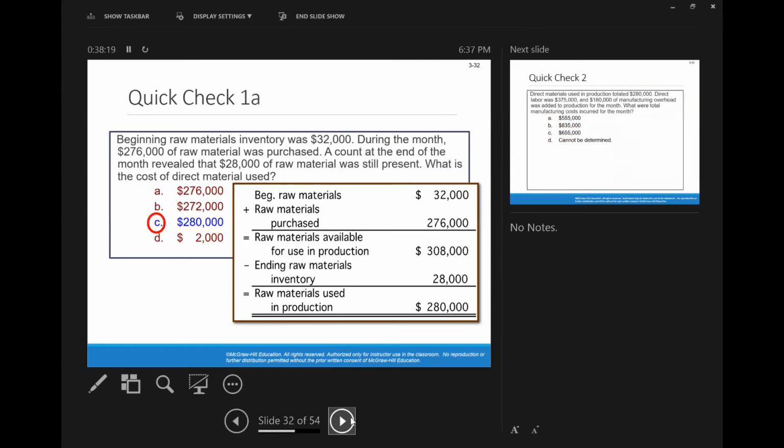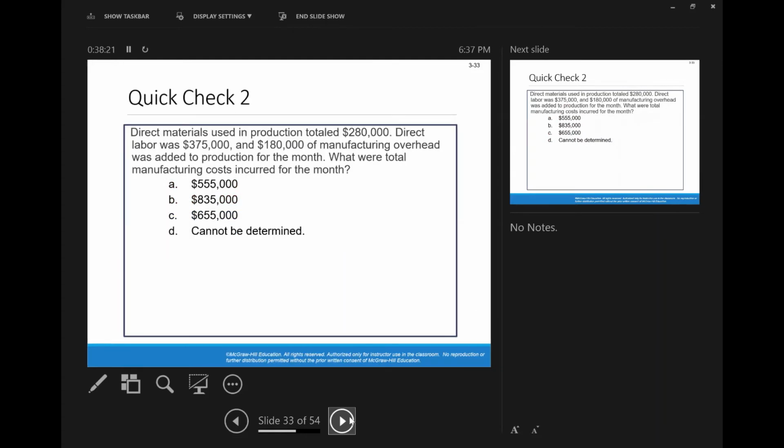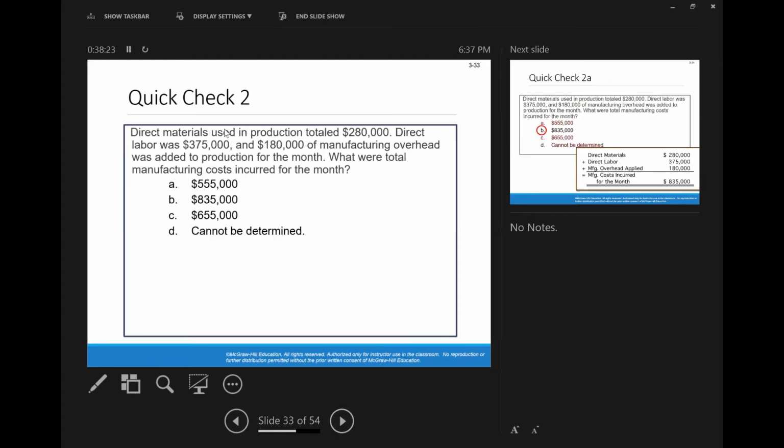And they have a slot in here if you need to get back to it. All right, so now we have direct materials used in production at 280,000. We also have direct labor that was 375,000 and 180,000 of manufacturing overhead that was added to the production in the month. So what are the total manufacturing costs incurred for the month?